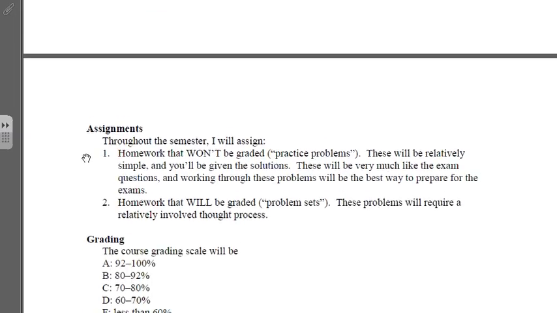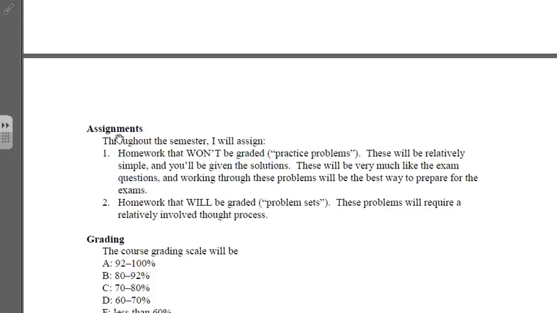Okay, so let's talk about the grading structure of the class. So first, there are going to be 2 types of assignments. This is the same as it was in statics and the same as pretty much in all my classes. There will be assignments that I give you.